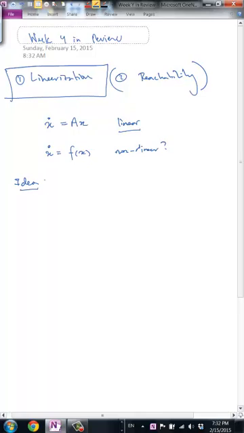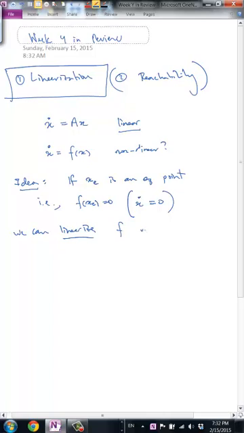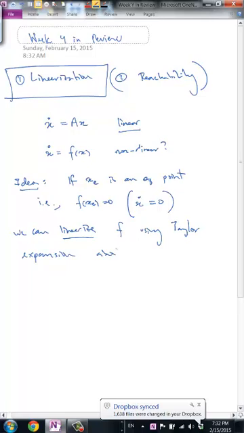So the idea is that if xe is an equilibrium point, which recall means that f of xe is equal to 0, because that means that x dot is equal to 0, we can linearize f using a simple first-order Taylor expansion about the point xe, the equilibrium point.